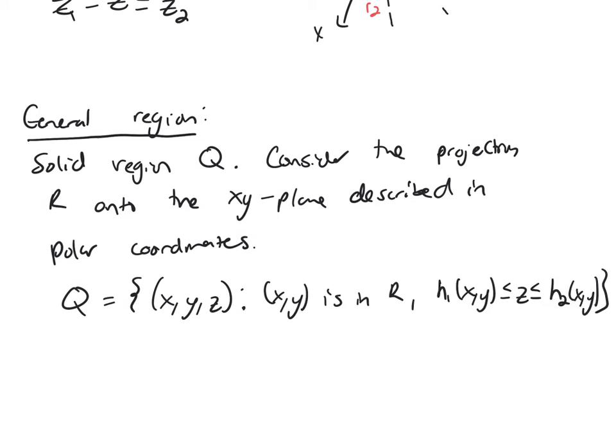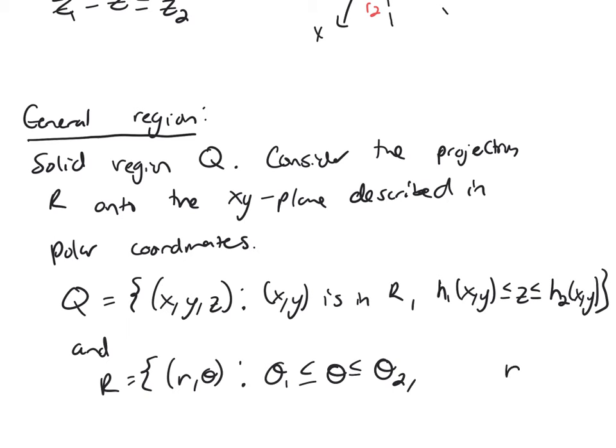But then you can describe the region R using polar coordinates r, theta, where theta is between two fixed values, and then r is between two functions of theta.